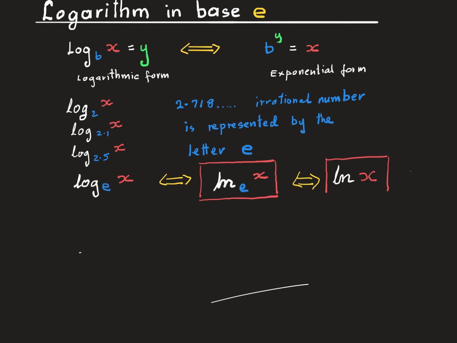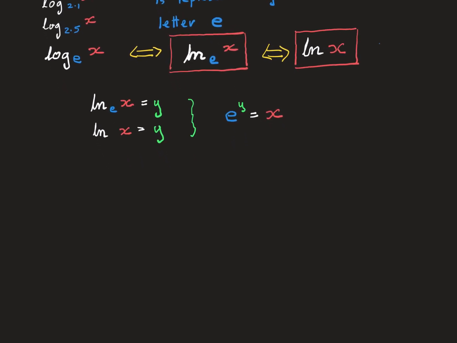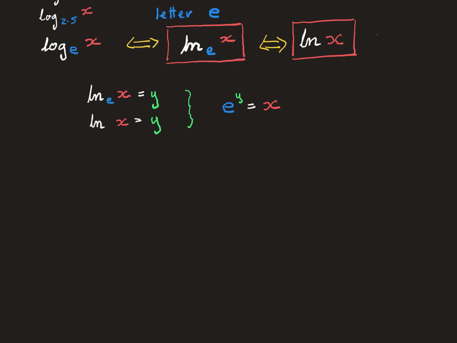So this logarithmic form can be written in exponential form. So these two logarithmic forms can now be written as e to the power of y, which is x. It's probably clearer if we use some examples.